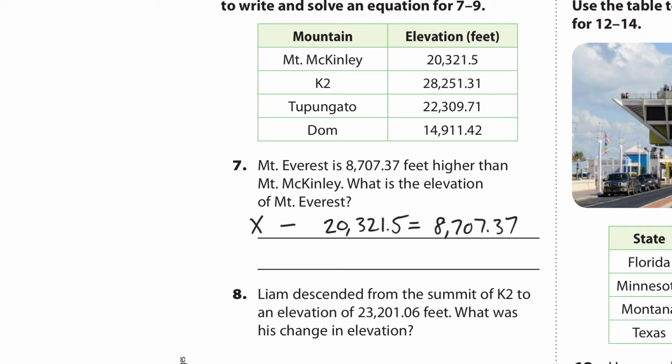So you have x minus 20,321.5 feet is equal to 8,707.37. To solve the equation, you have to use the inverse operation.